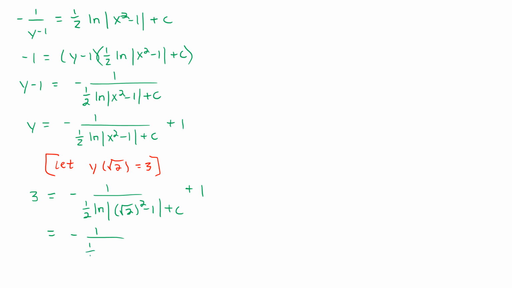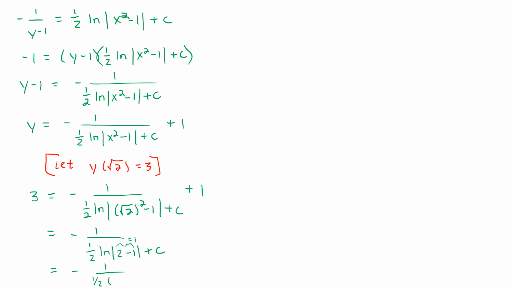So I'll provide that for you here. So that would be 2 minus 1 plus c. So negative 1 over 1/2. So this would equal 1. Let me write that a little clearer for you. So we have this equals 1.